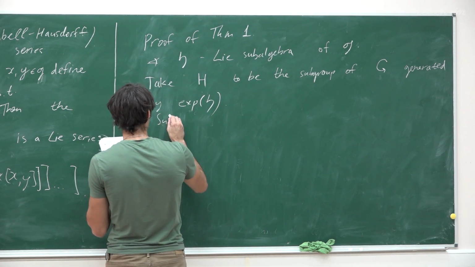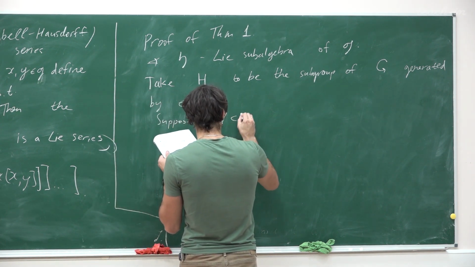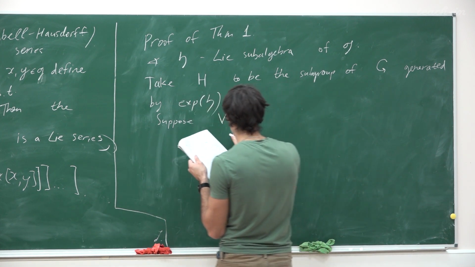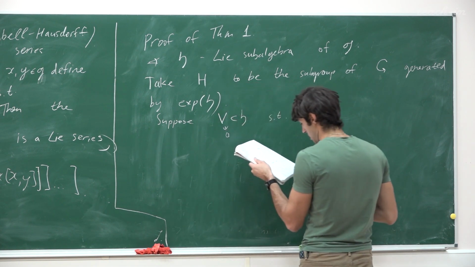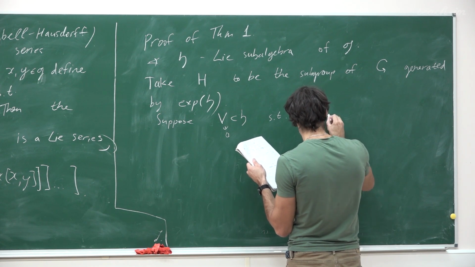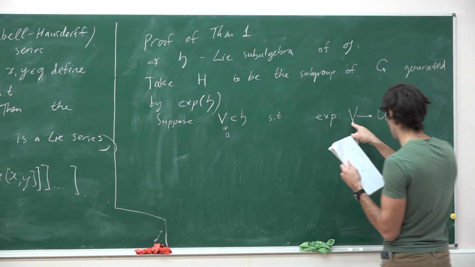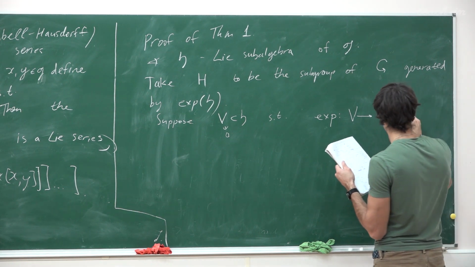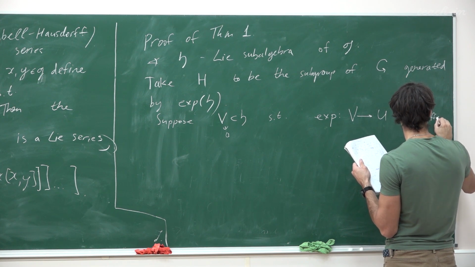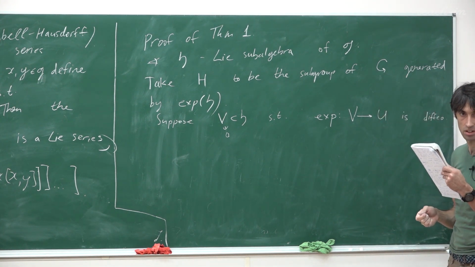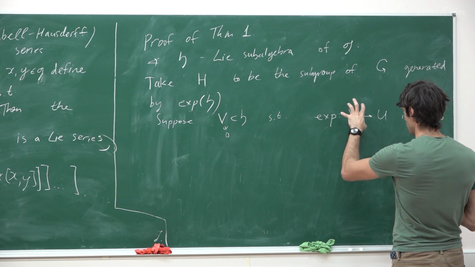So let me choose V, a neighborhood of 0, right? 0 is in here, such that my exponential map from V to U, which is the image of V under the exponential map, is a diffeomorphism.